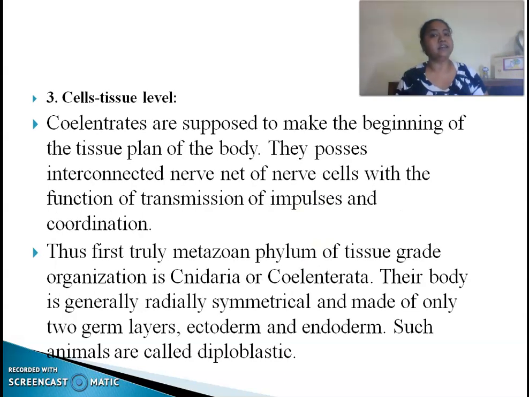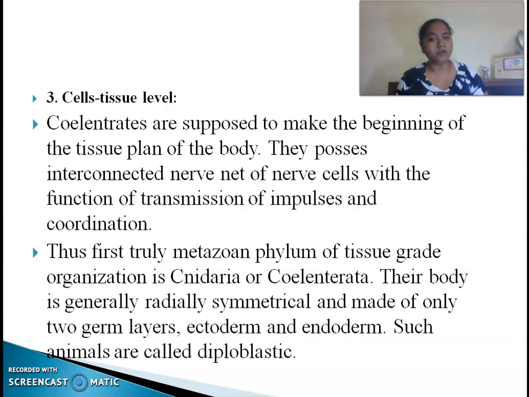Next is cell tissue level or tissue level organization. Coelenterates are supposed to make the beginning of the tissue plan of the body. They possess interconnected nerve cells, a network of nerve cells which functions for transmission of impulses and coordination.